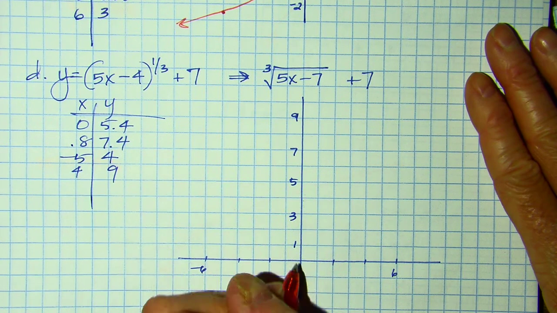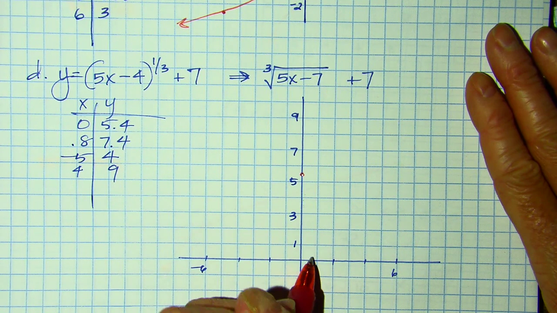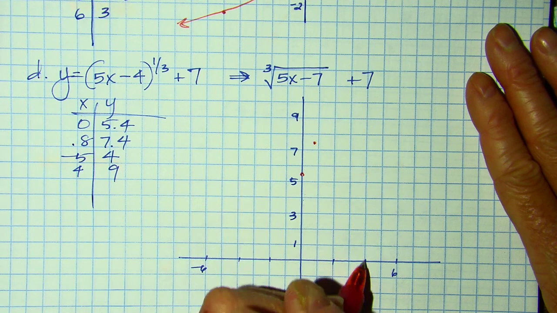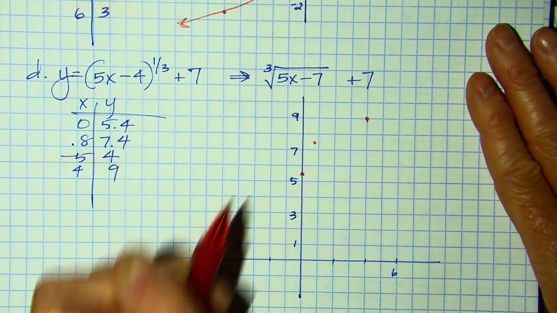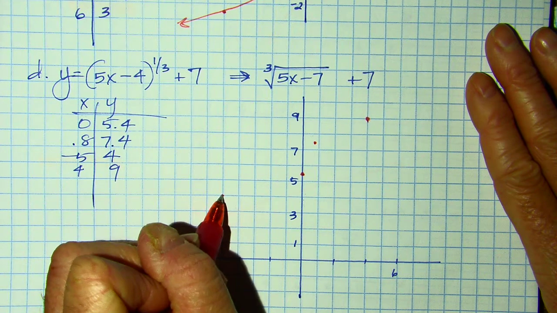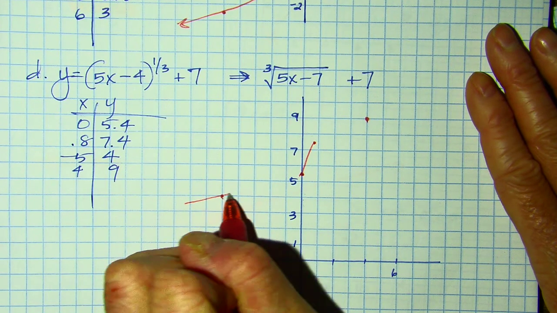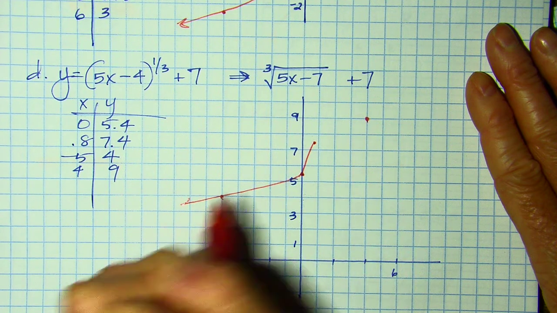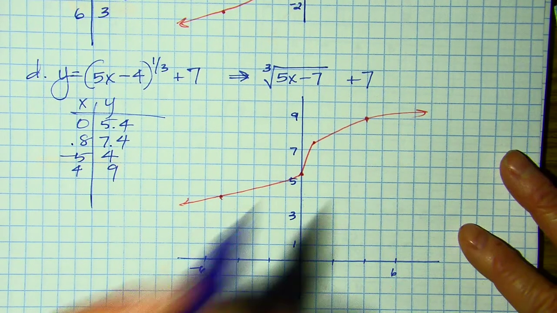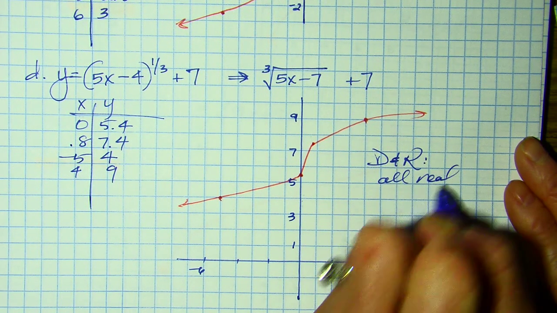So 0 and 5.4, 0.8 and 7.4, 4, 9, and -5, 4. No matter what you do, your graph needs to have kind of an S shape. And both domain and range is all real numbers.